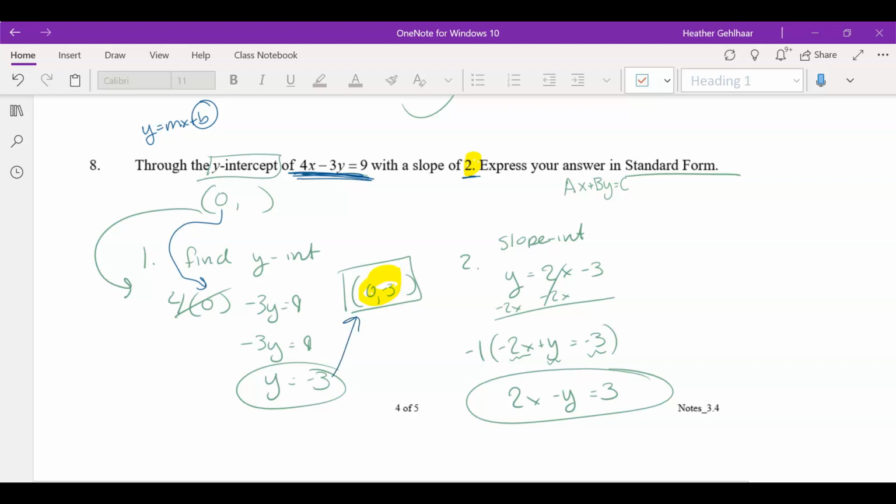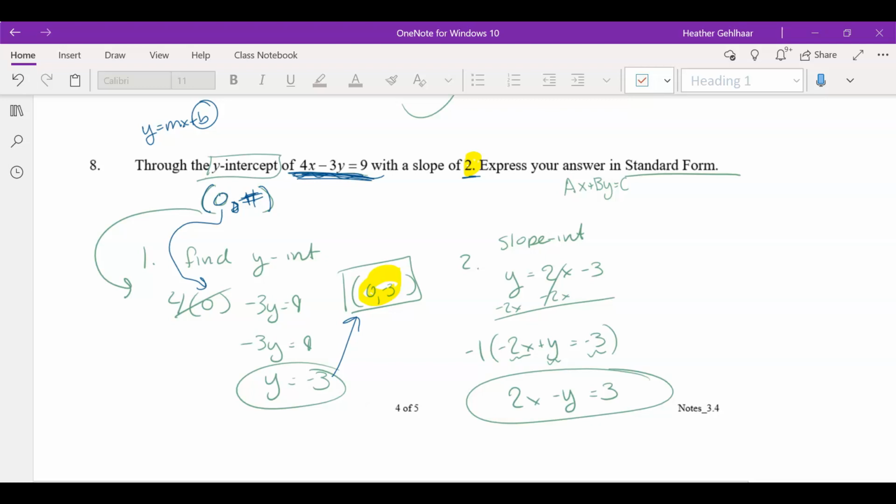That's actually one really great way to do it, but another way, if that's a little confusing, is going ahead and rewriting this into y equals mx plus b. So you can either write it as y equals mx plus b, or take that, knowing that the y-intercept is (0, some number), and then taking that 0 and plugging it in. So if you remember finding your x and y-intercepts that way.